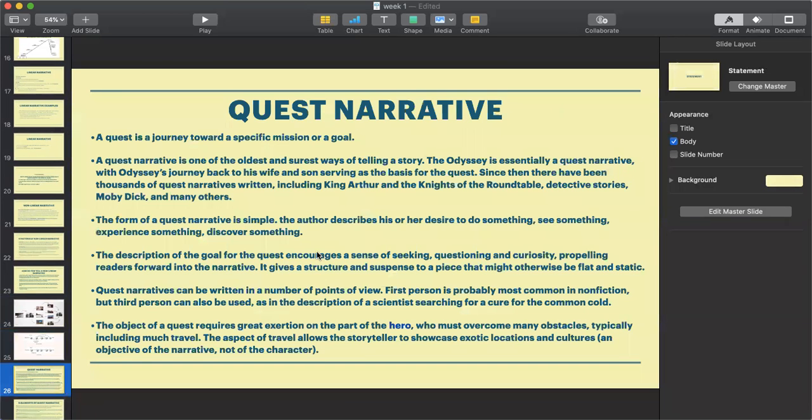Quest narrative is basically a journey towards a mission or a goal. Okay. And it's a very, very common type of storytelling. It's a very simple way of storytelling when a character starts from somewhere and goes to somewhere, right?